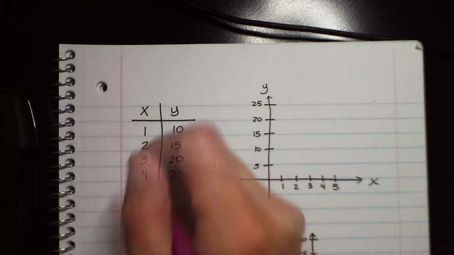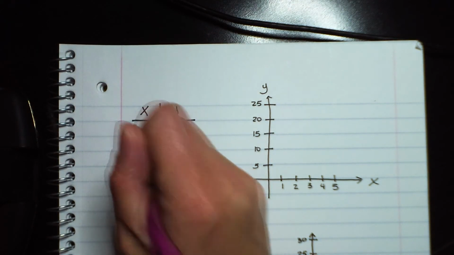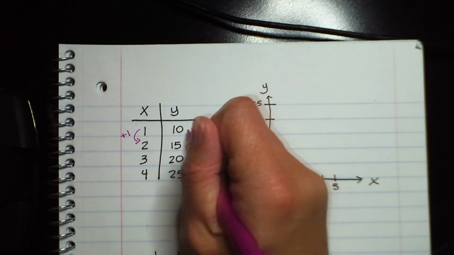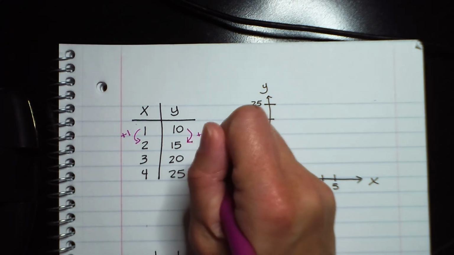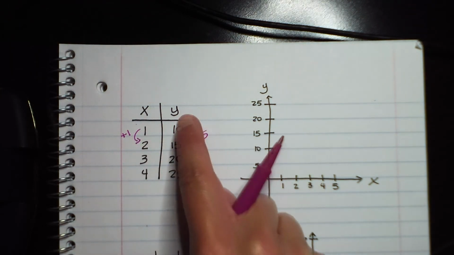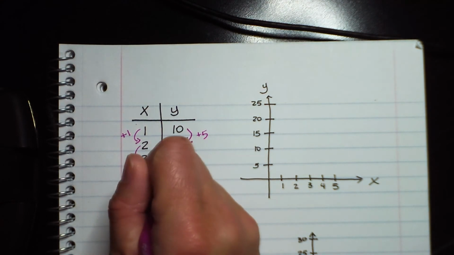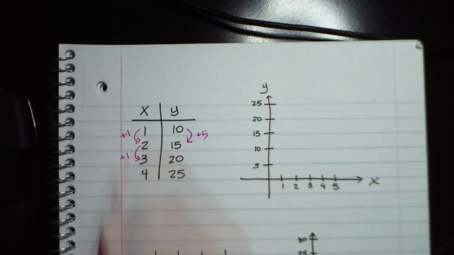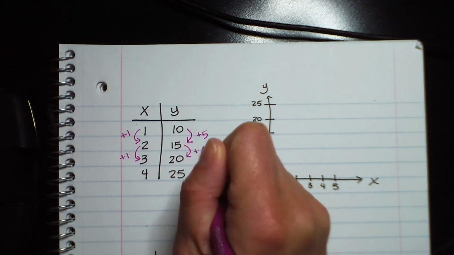What I want to ask myself is, does this relation have a constant rate of change? As I increase my input by 1, I'm increasing my output by 5. So the jump from 1 to 2 gives me a jump of 5 on my output side. If I go from 2 to 3, that's an increase of 1 again, and if I go from 15 to 20, that's an increase of 5.